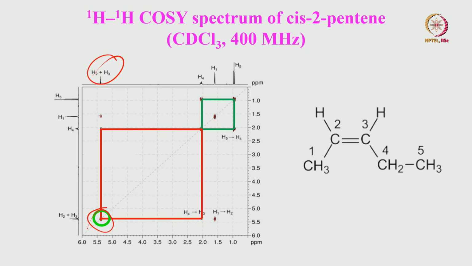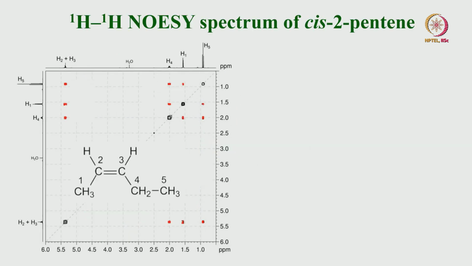There is not enough resolution for us to say, but they are there. But then one of the peaks gives a correlation to the other one and completes that square. I would say this is proton 1. So if I go systematically, I know 3 to 2, 5 to 4, then we understood 4, 3, 2 and 1. We have already analyzed n number of COSY spectra in this course earlier, so we have understood how to interpret this. That is fine. What next?